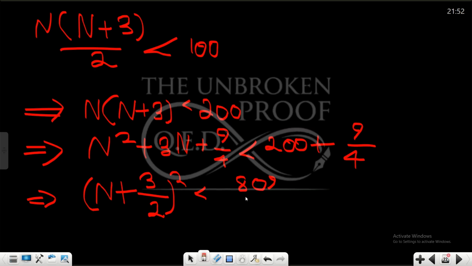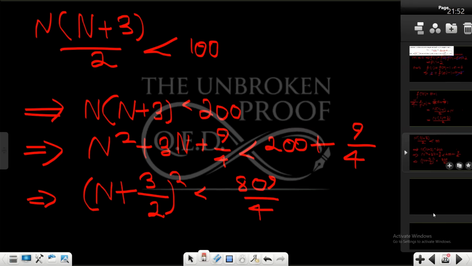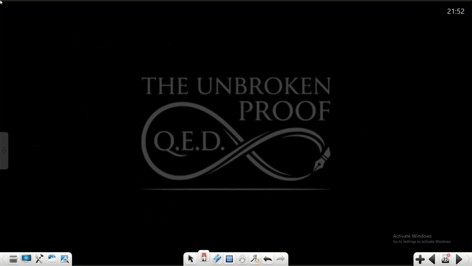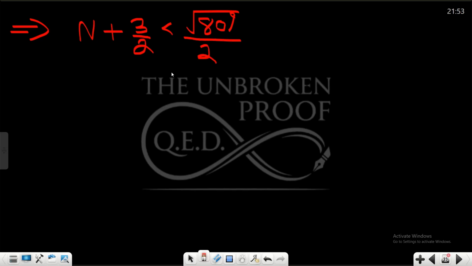Okay, 809 by 4, and if I take the square root on both sides, then we will get n plus 3 by 2 should be less than root 809 by 2.